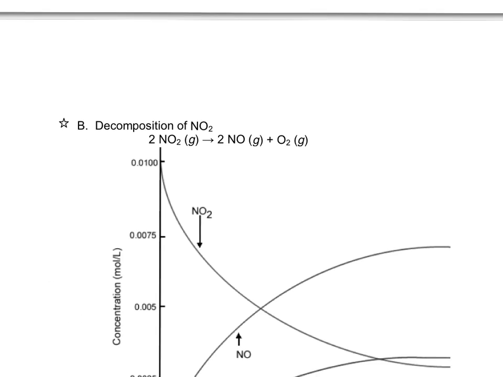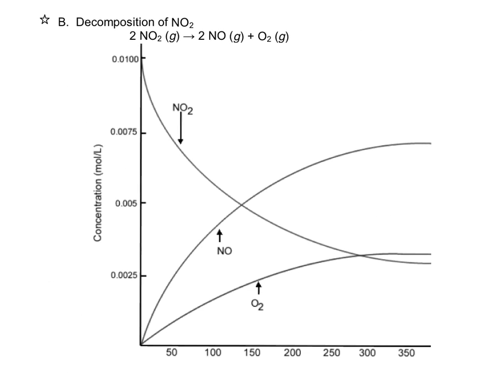If you take a look at this graph here, this is an important graph that shows us the reaction of nitrogen dioxide. In this reaction, we have two NO2s decomposing into two NOs and an O2. This graph over here is showing us the rate at which the NO2 decomposes and the rate at which the NO and the O2 is made.